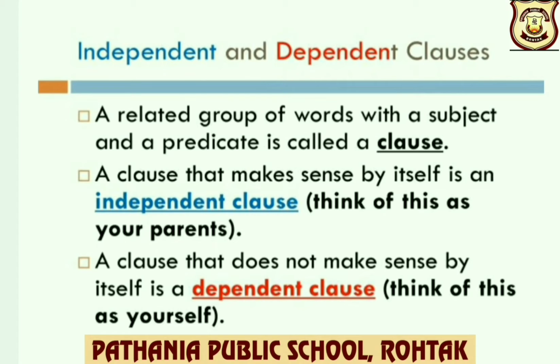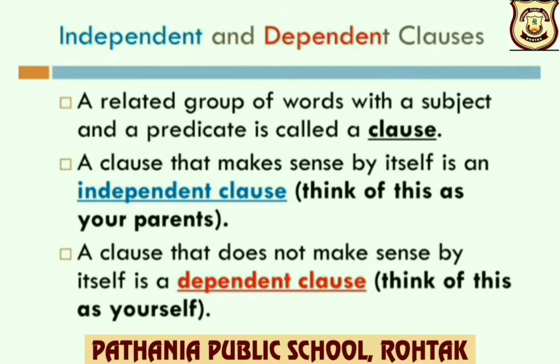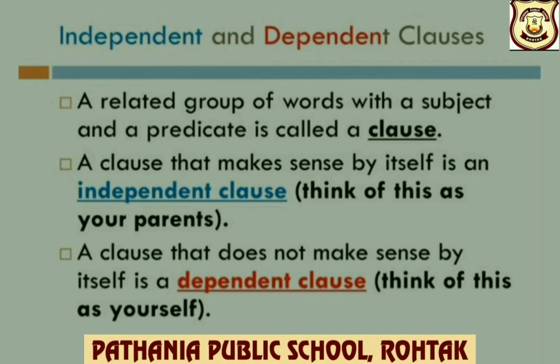Then what is an independent clause? A clause that makes sense by itself is an independent clause. Next is a dependent clause. A clause that does not make sense by itself is a dependent clause. Children, they depend on the main clause to complete their sense.